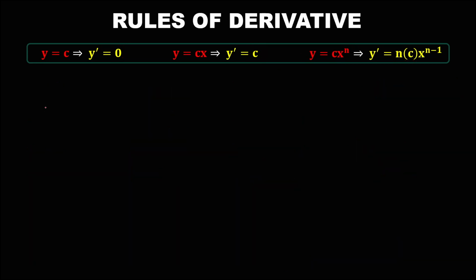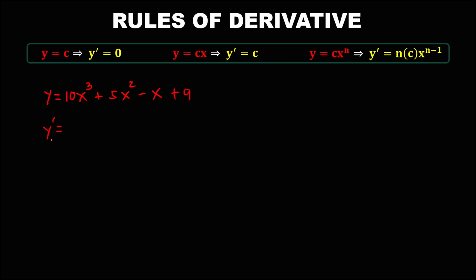So if we have this given, y equals 10x to the power 3 plus 5x to the power 2 minus x plus 9.